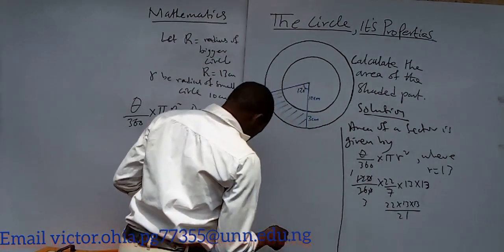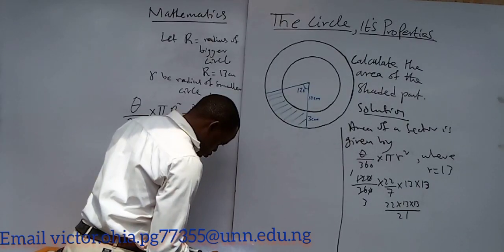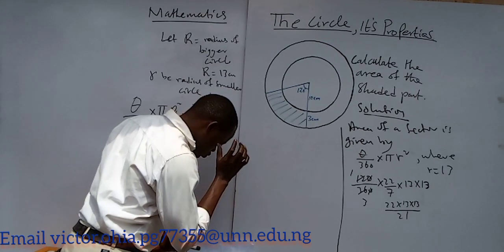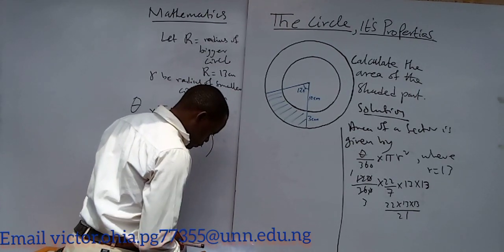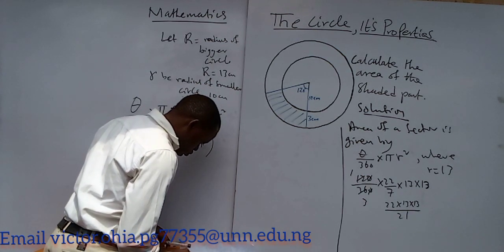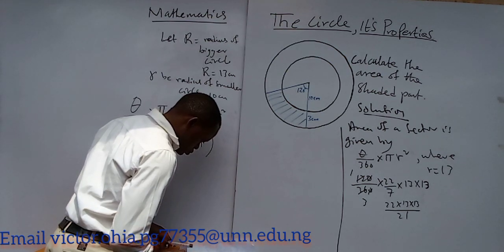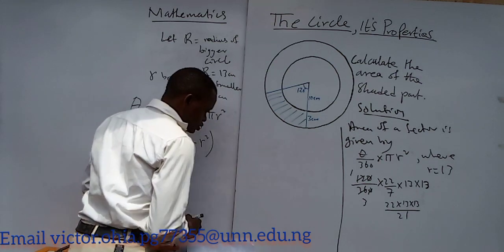So you go to your calculation and check: 22 times 13 times 13 is 169 times 22. That will give us 3,718.